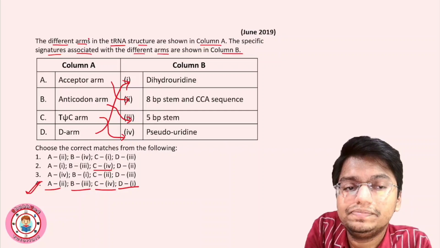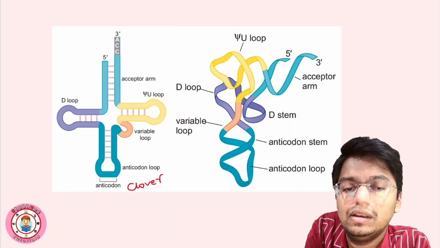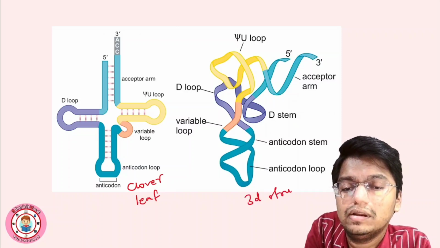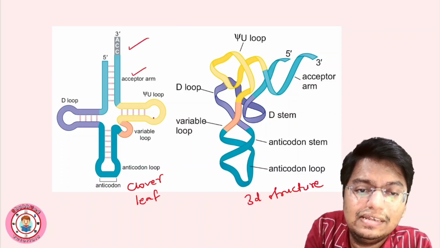Got it? This is a tRNA structure, the clover leaf model, and this is the 3D structure. You can see this is the acceptor stem with the CCA sequence.